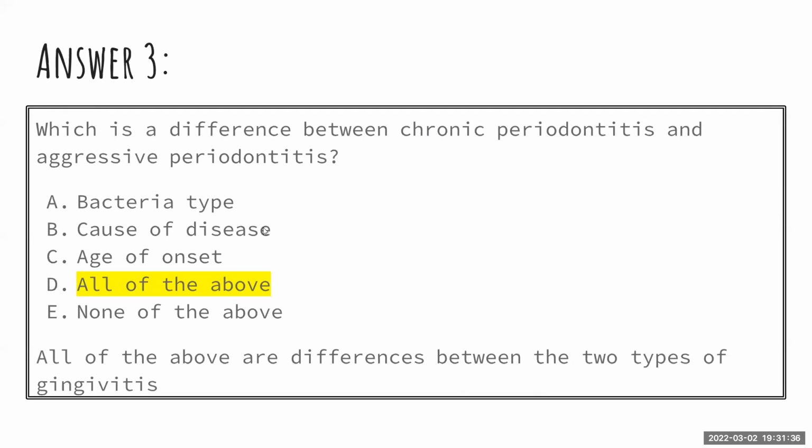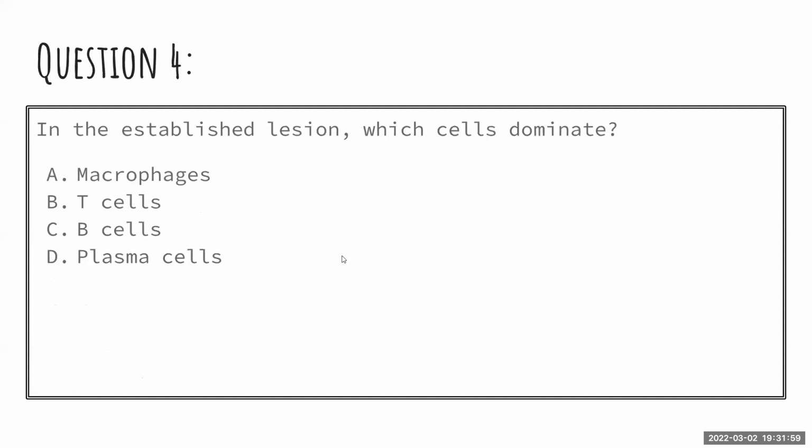The cause of the disease can be genetic. Age of the onset. Aggressive is usually younger versus chronic, usually. An established lesion.